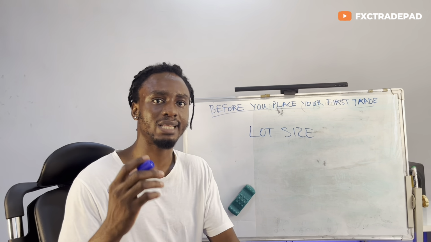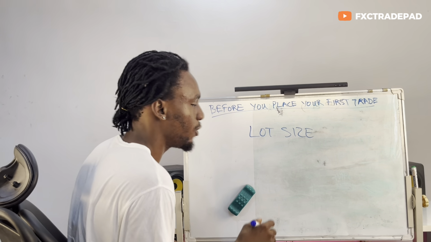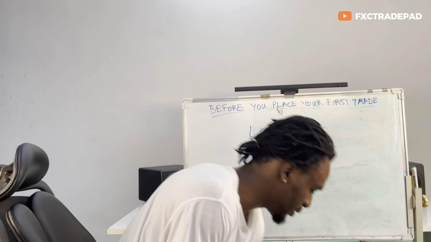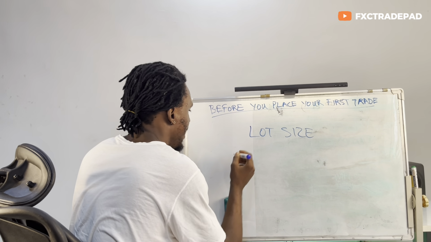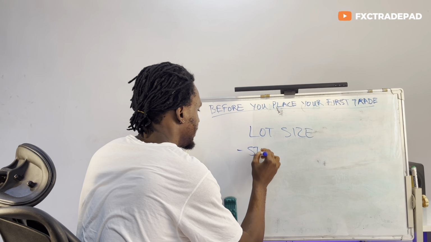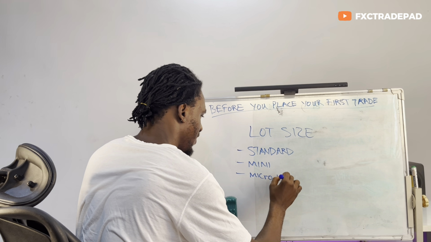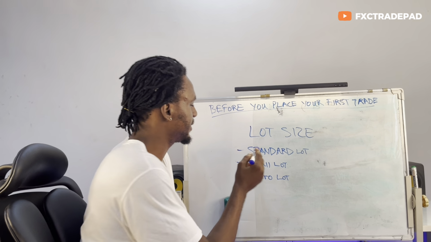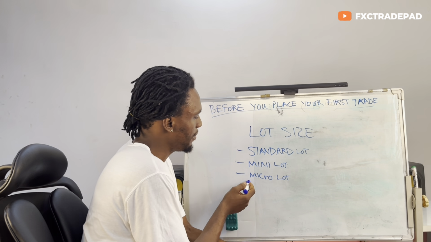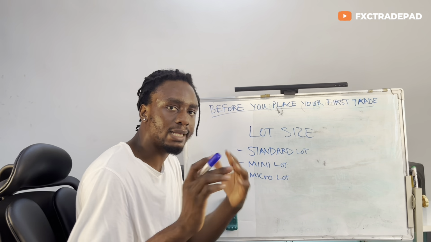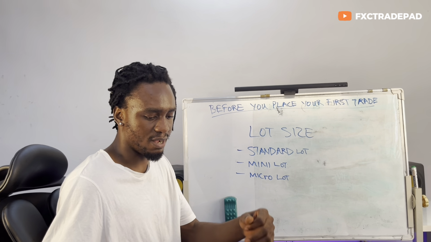I'll be showing you the types that we have, and I'll also recommend the one that you should be using. We have standard, mini, and micro. All these are the types of lot size that we have.